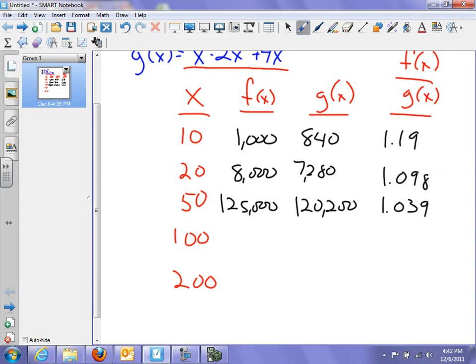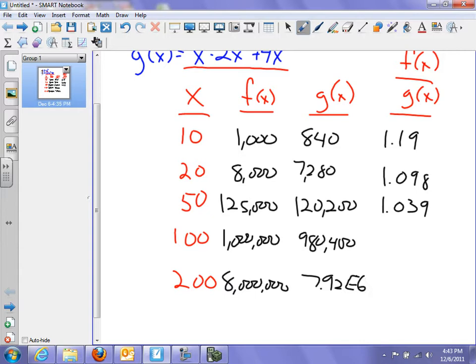I'm just going to fill in the rest of the table here for you. At 100, f of x is equal to 1,000,000, and my g of x is 980,400. And at 200, I have 8,000,000 and 7.92 e to the 6th.